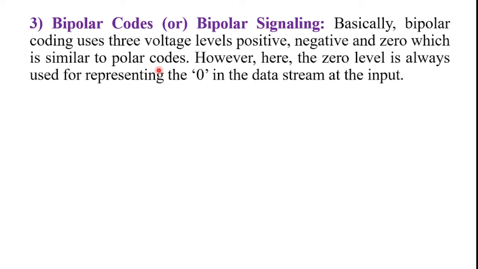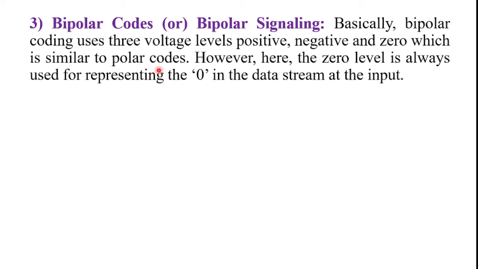However, in bipolar codes, the zero level is always used for representing the zero. The zero voltage level is always used for representing the zero in the data stream at the input.